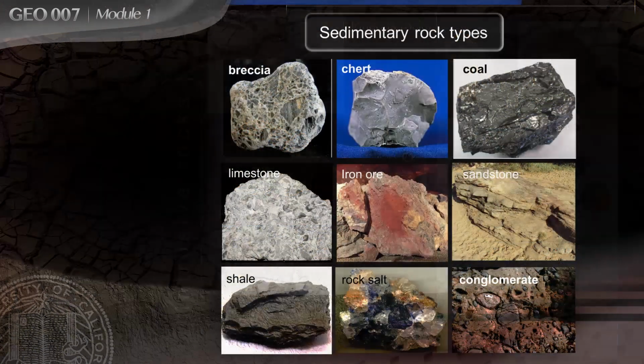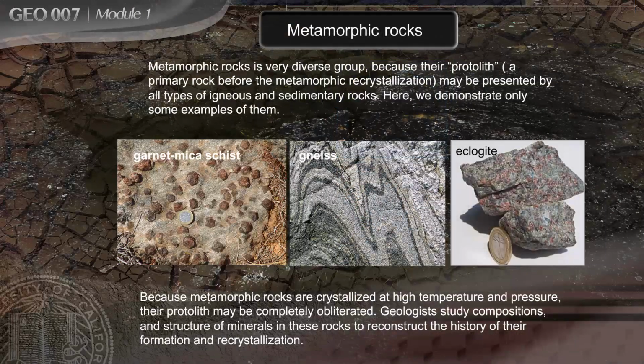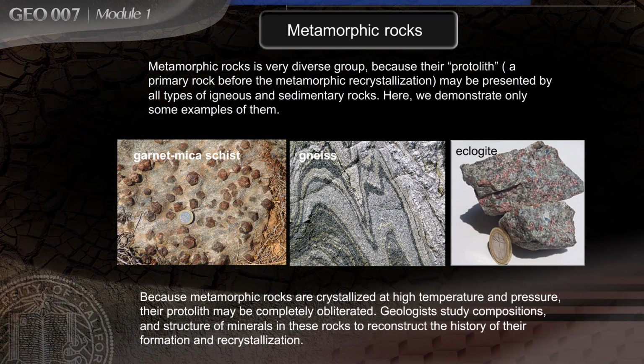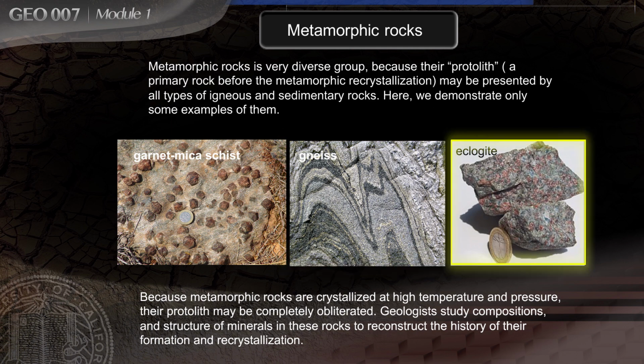The images of major sedimentary rock types are presented here. Metamorphic rocks are a very diverse group because their protolith, a primary rock before the metamorphic recrystallization, may be represented by all types of igneous and sedimentary rocks. Here we demonstrate a few examples of them. Garnet mica schist, gneiss and eclogite.